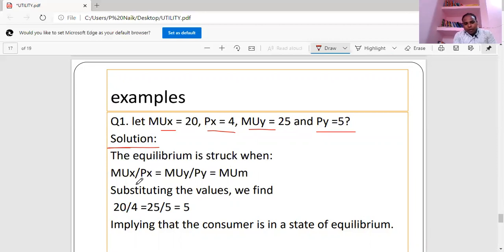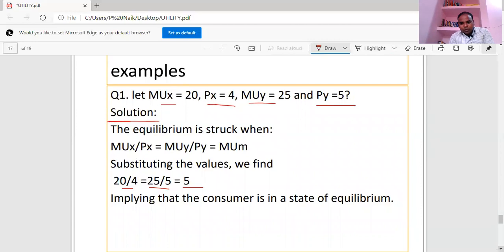Substituting the values, we find 20 upon 4 equals 25 upon 5. Then 4 and 20 cancel to 5, and 5 and 25 cancel to 5, so 5 equals 5. The answer is 5, implying that the consumer is in a state of equilibrium.